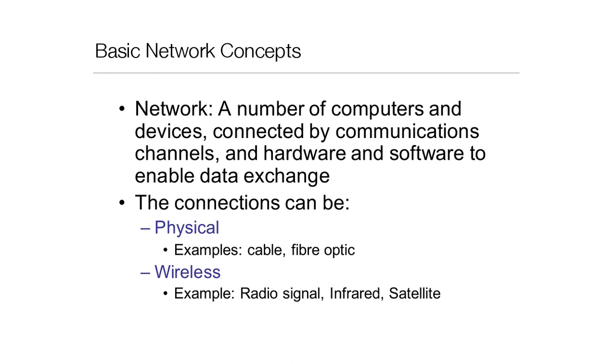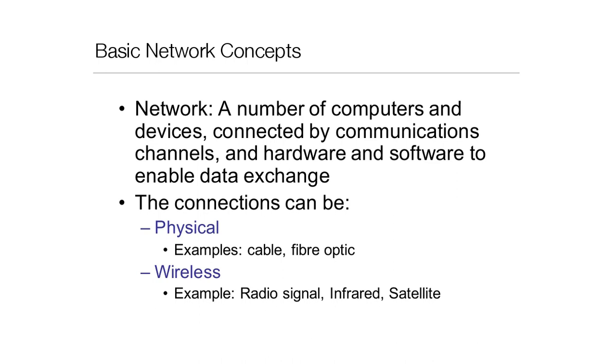So the connection of these devices, how these devices are connected, can be a physical connection or a wireless connection. A physical connection can be any tangible connection using network cables or fiber optics or whatever physical things.